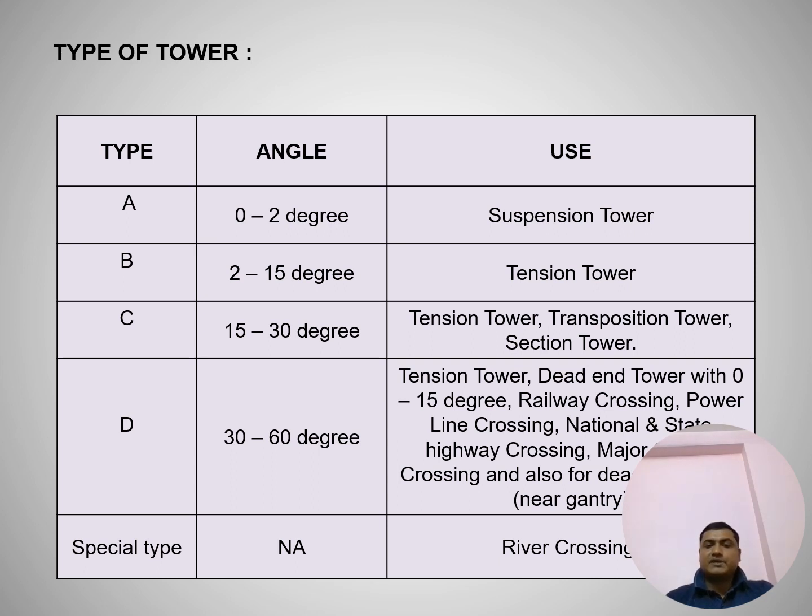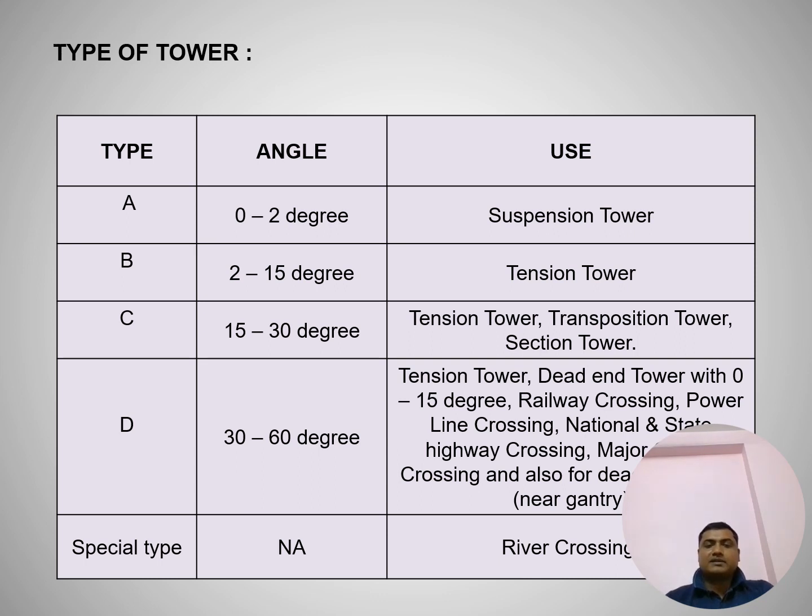If the angle of deviation is 2 to 15 degrees, it is called a B type tower, that is also a tension tower. If the angle of deviation is 15 to 30 degrees, that is a C type tower. It is basically used as a tension tower, for transposition or section.